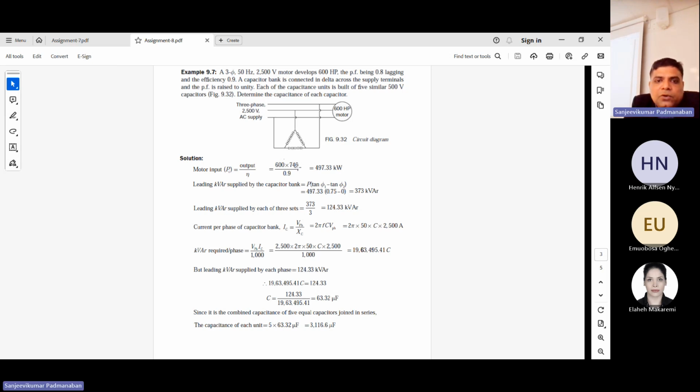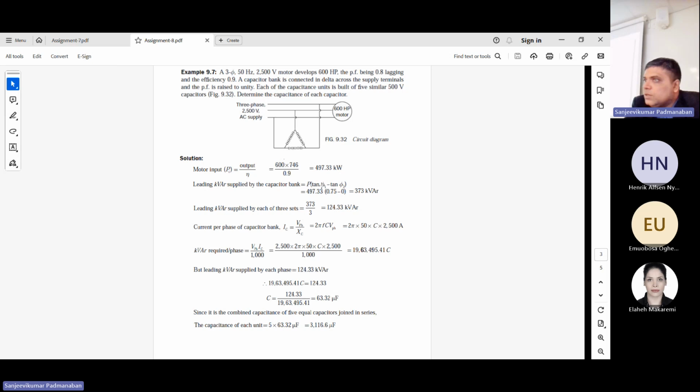Perfect. Now I'm going to calculate the capacitor bank. How to do that? We need to find the kVAR required by the capacitor bank to get a leading power factor. So P into (tan phi 1 minus tan phi 2). I know the input power P, 497.33, within bracket 0.75, minus 0.